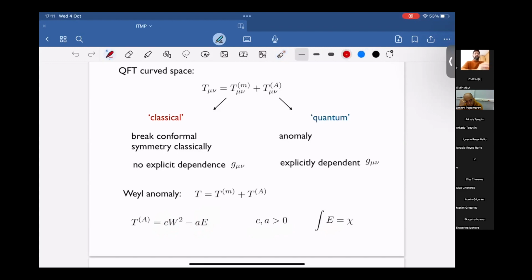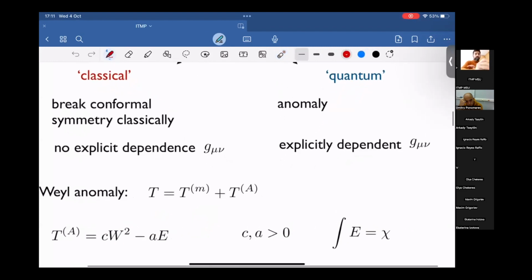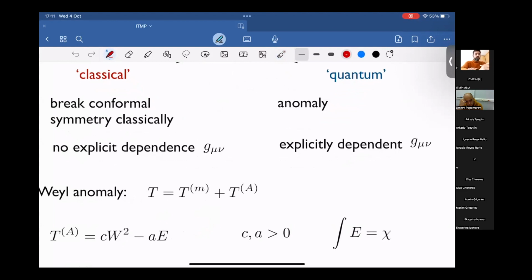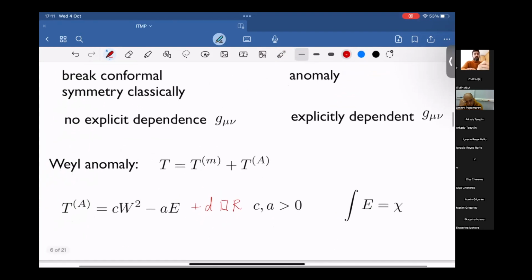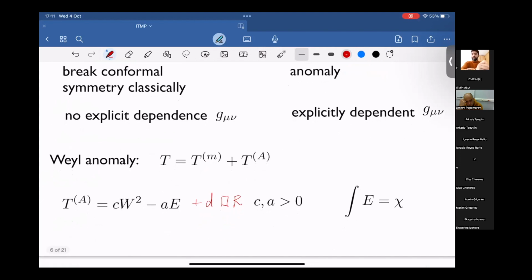There is, in principle, another term, which is of the form, say, d times the box of R, the D'Alembertian of R. But because this is UV scheme dependent, it depends on the scheme of renormalization, I'm just going to set this thing to 0.